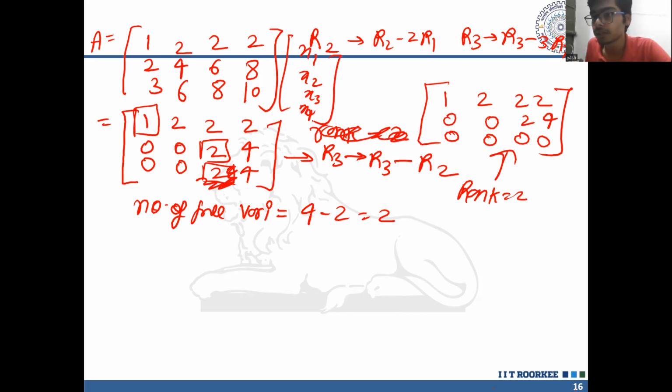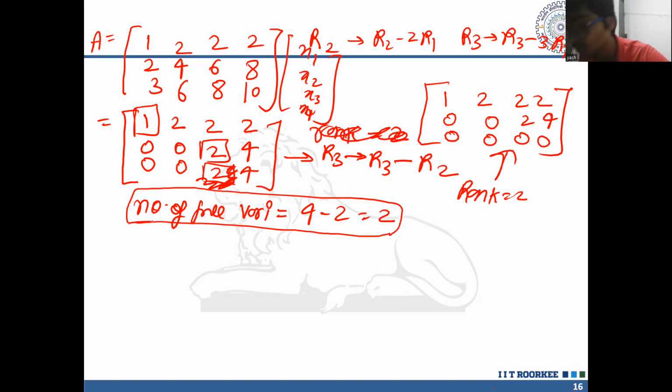What does the number of free variables tell us? It means that two variables can take free values. So we can decide two variables, and we can find the rest of the variables by solving this system of equations. So let's find the two solutions.